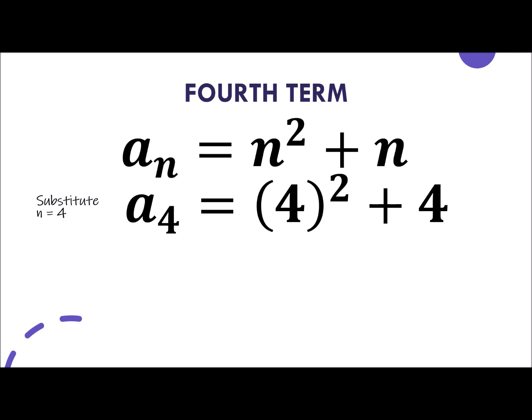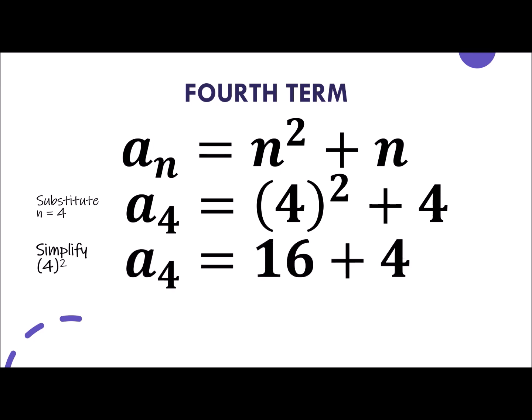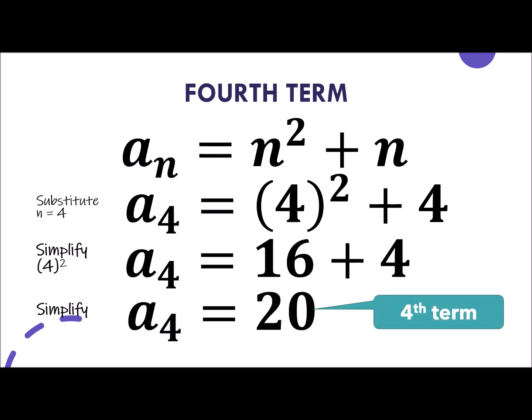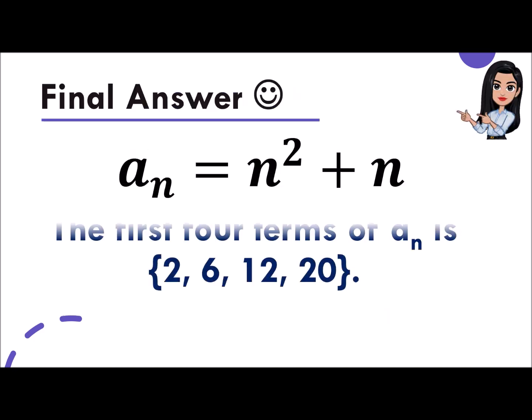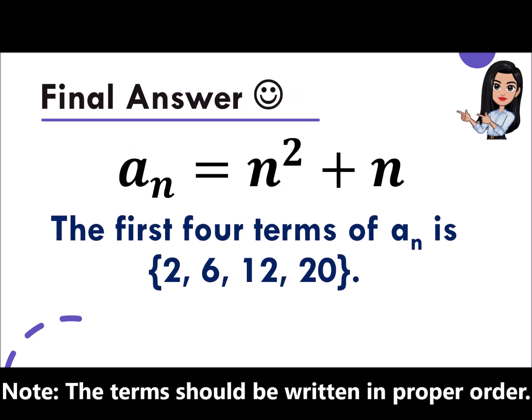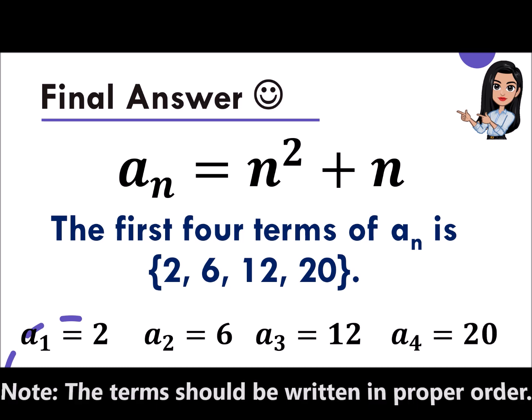We need to simplify 4 squared, which is 16. Very good. So then add 4, we will have 20 as our fourth term. So we need to write our answers in proper order. We will now have the first 4 terms of a sub n is 2, 6, 12, and 20. Is that clear?